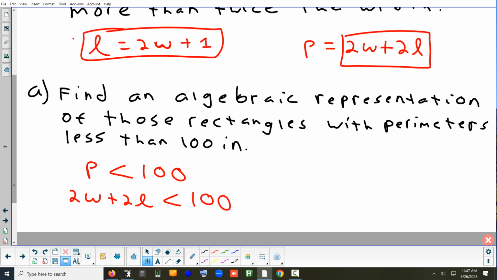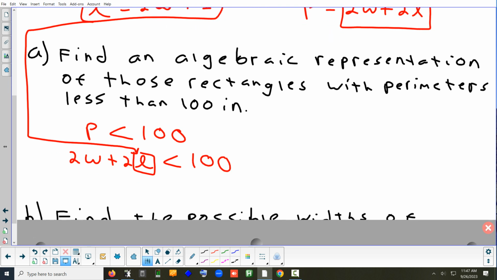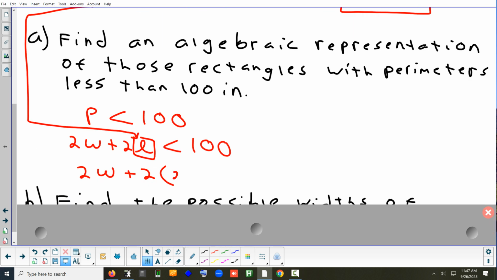Which letter can I replace in the bottom? Yeah, the L. I can change L to 2w plus 1. So the formula you would set up is 2w plus 2 times L, it's 2w plus 1, is less than 100. So there's the inequality you would solve.